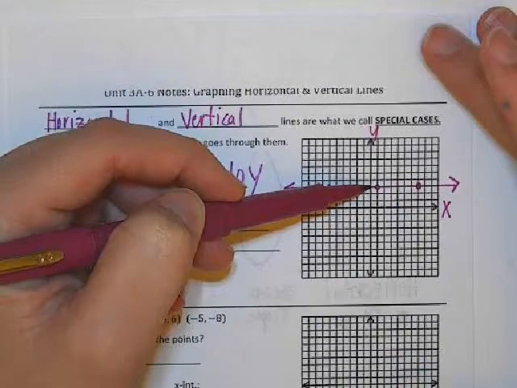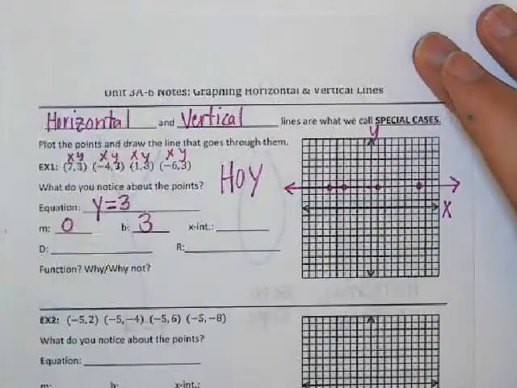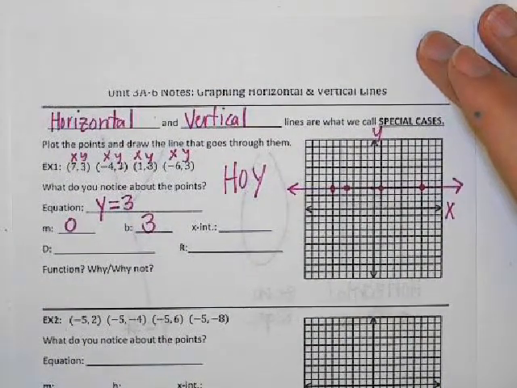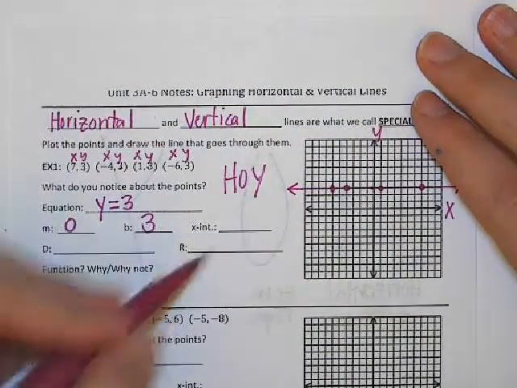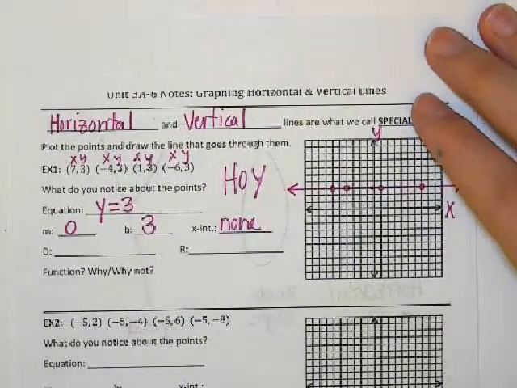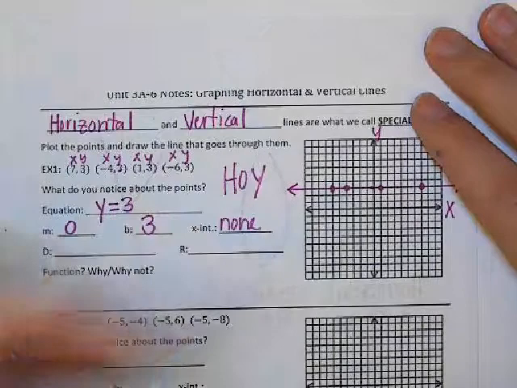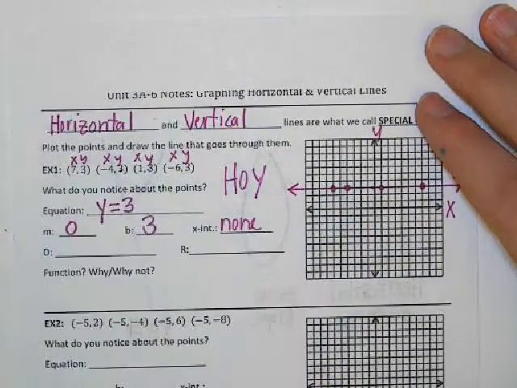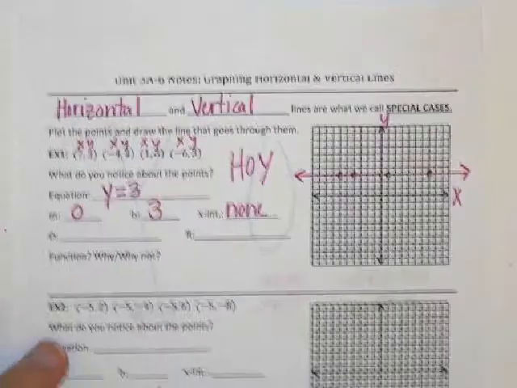And what is that? 3. Does it cross the x-axis? No, and it will never cross the x-axis. So my x-intercept is going to be none. Not 0. If you say 0, then you're telling me it goes through the 0 on the x. And it doesn't go through the 0 on the x. So there's not one. Okay?